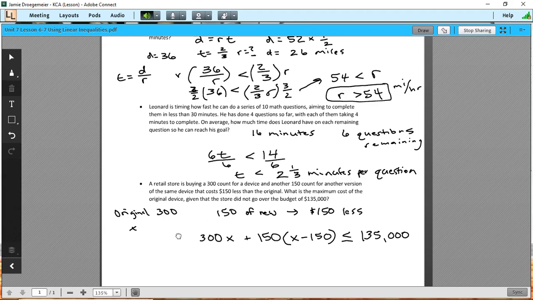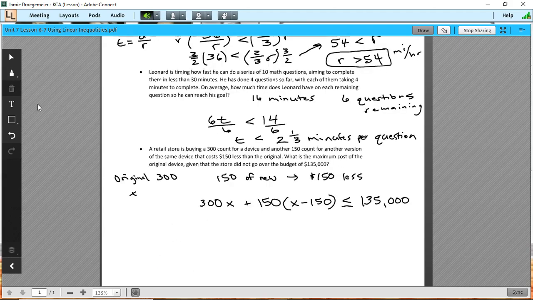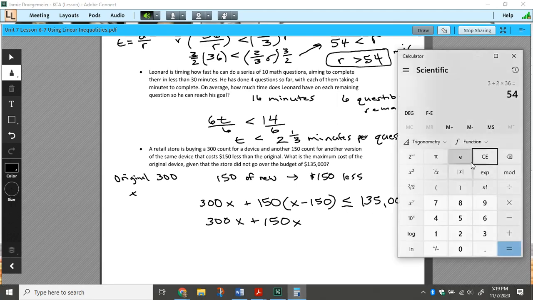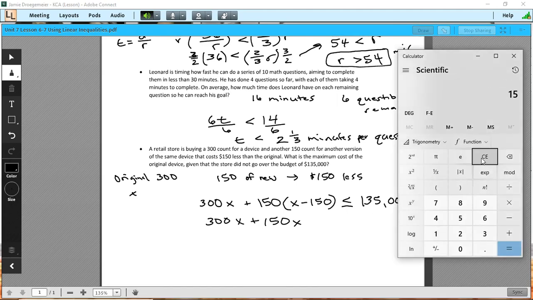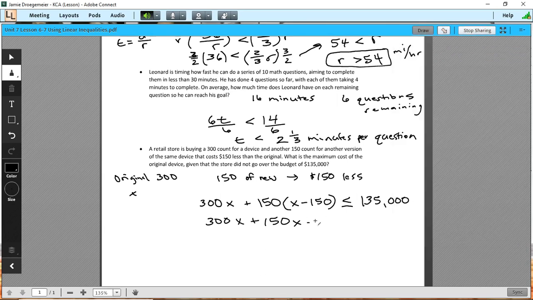Now we can start to solve this inequality for x. I'm going to start by distributing that 150. So I still have my 300x here. 150 times x is 150x. And then if we take 150 times a negative 150, we'd get negative 22,500. That's less than or equal to the 135,000 total.